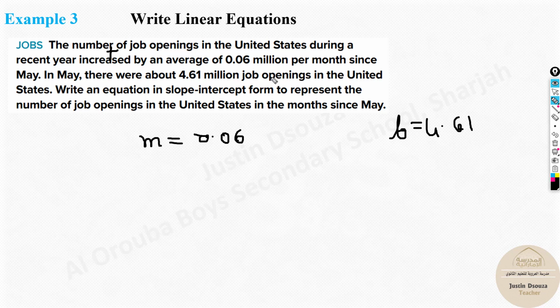Always you'll be given these two values. One doesn't change per month or per year, and the other is changing. It's a rate, right? It's 0.06 million per month. Now, how do you understand this? I am saving 10 dirhams per day. 10 dirhams, that is money, AED, per day. This is a rate. This would be the slope.